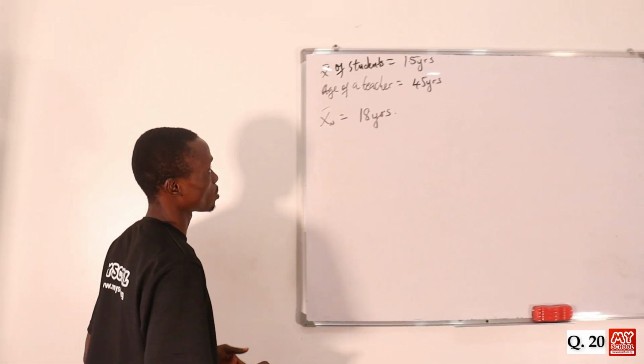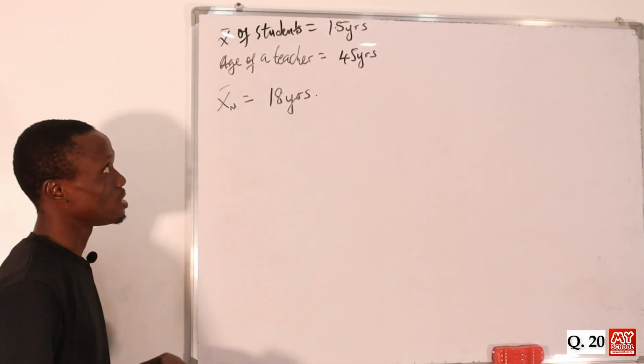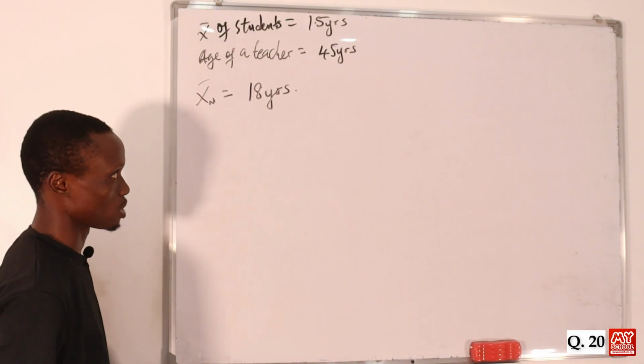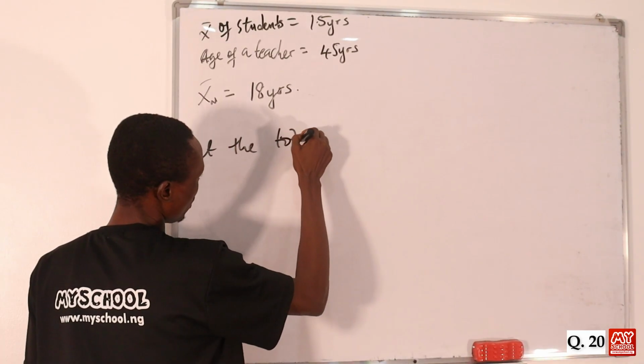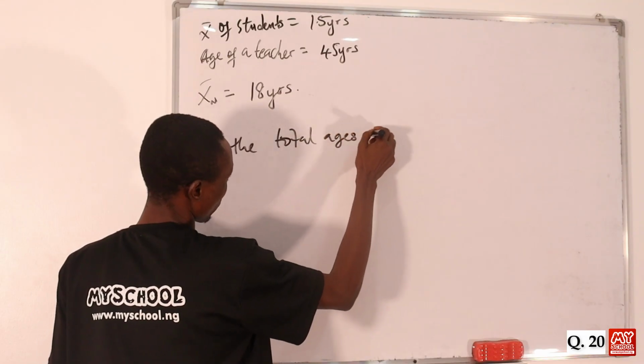Here we don't actually know the total age of the students. So in this case, we say let the total age of the students be equal to x.